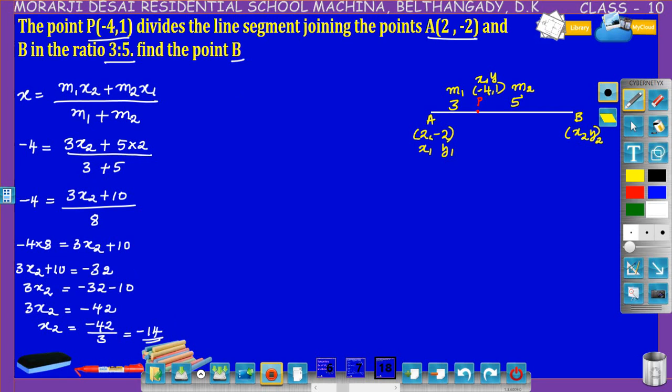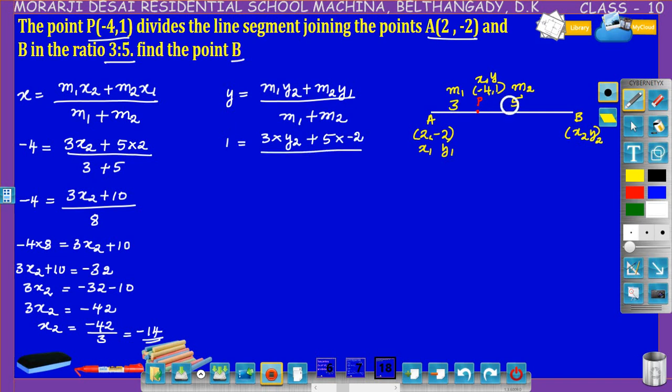Now let us find y2. That is y is equal to (m1 y2 plus m2 y1) divided by (m1 plus m2). y is 1, so 1 is equal to m1 is 3 into y2, y2 only, plus m2 that is 5 into y1 that is minus 2, divided by m1 plus m2 that is 3 plus 5.